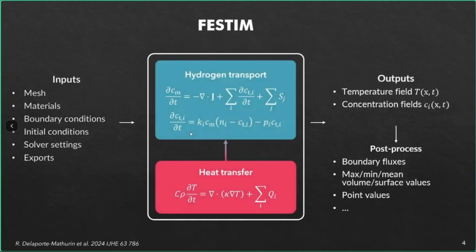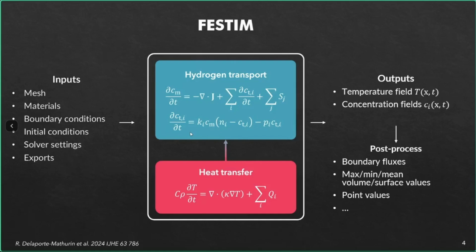FESTIM in general solves a hydrogen transport problem that is defined according to the McNabb and Foster model, which includes hydrogen diffusion due to different mechanisms such as concentration gradient or temperature gradient, and also trapping and detrapping from defect sites.